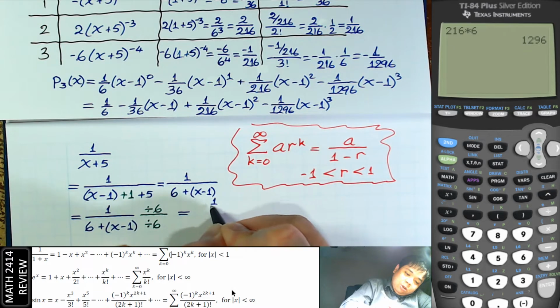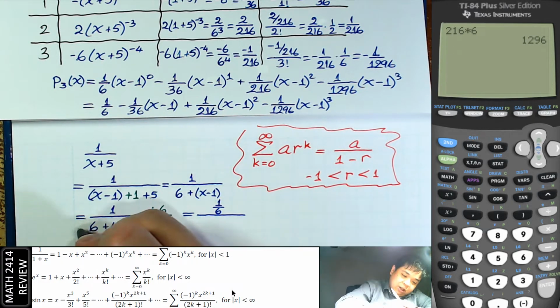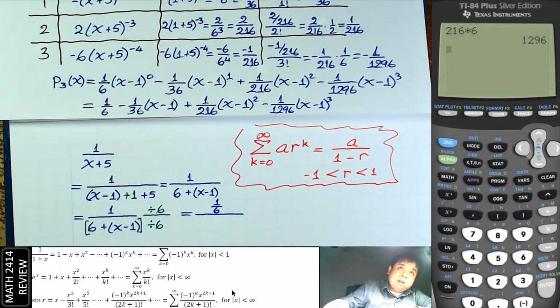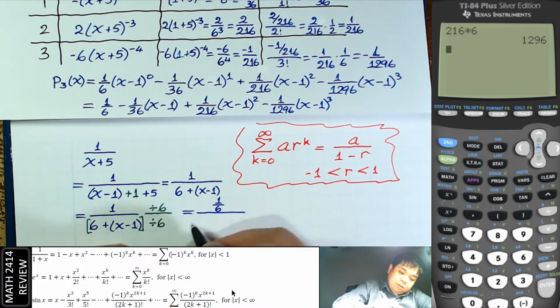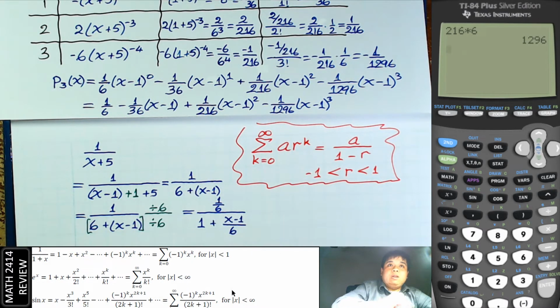So on the top is 1 over 6. The bottom, the whole thing divided by 6. 6 divided by 6 is 1. And we have x minus 1 over 6, like that.